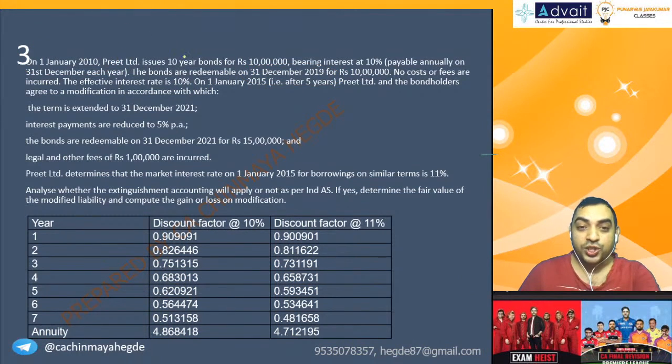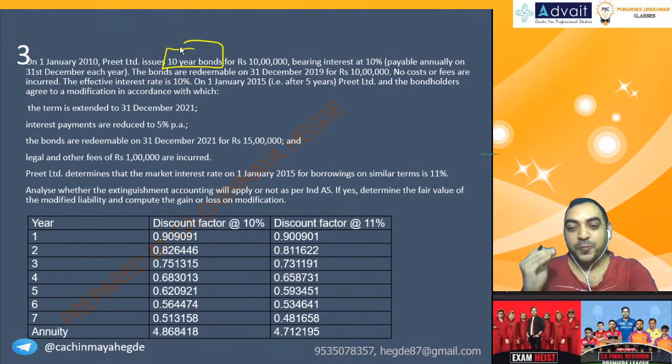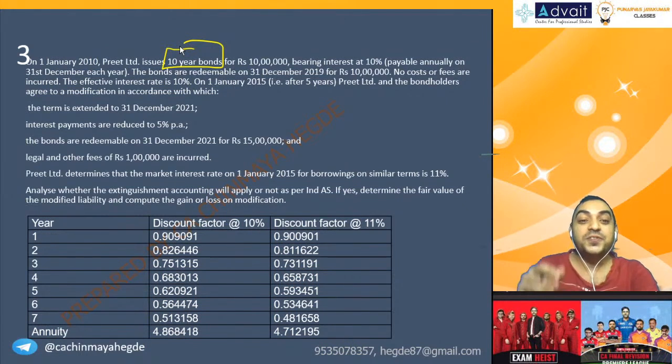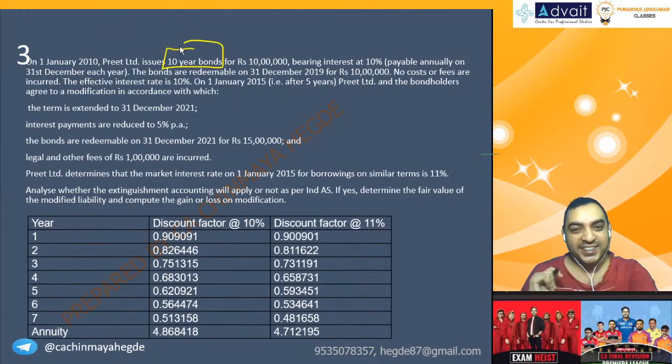The question itself mentioned it: they have mentioned a 10-year bond. So why do you need to worry about calculating it? You can, for extra confirmation, but read the problem carefully, because many of your silly mistakes would have been because of these things. The question itself has the answer.